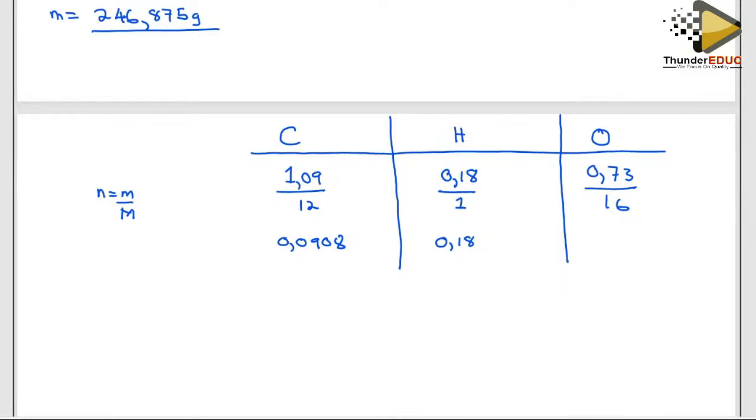Then I'm going to get a value of 0.0456, and it continues with 6s.